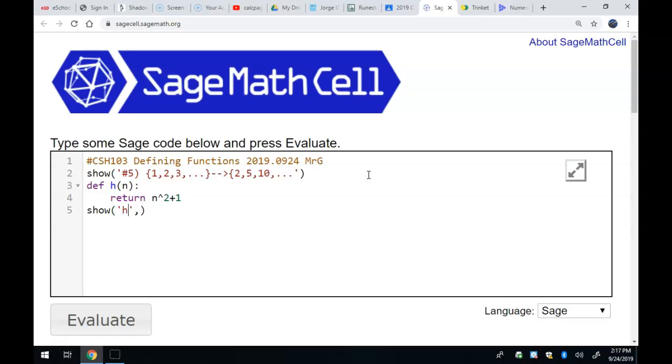h of 1 equals, well, h of 1, and that should be 2. There it is. H of 2 should give you 5. H of 3 should give you 10.